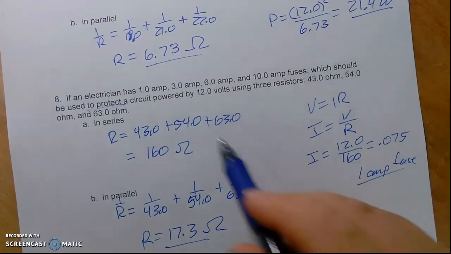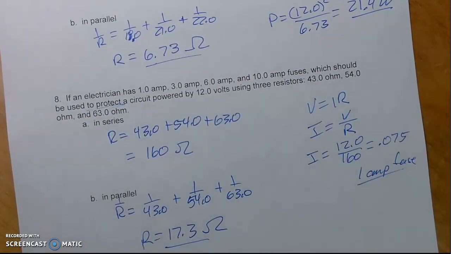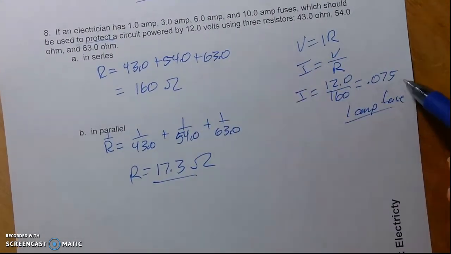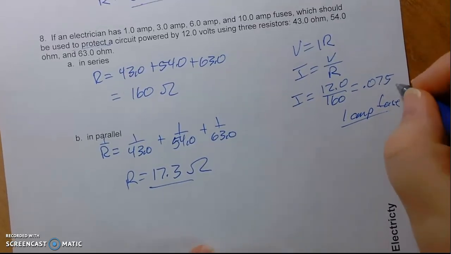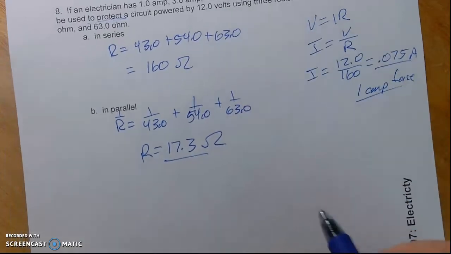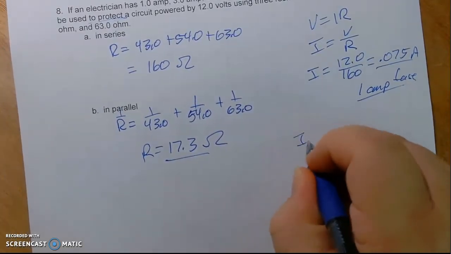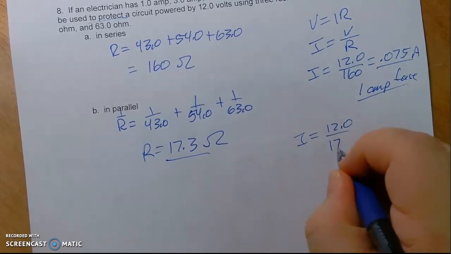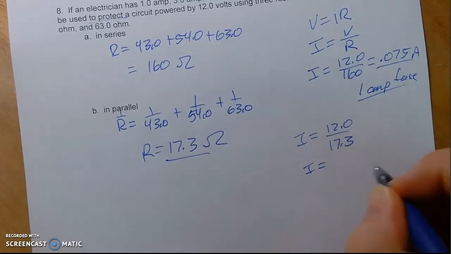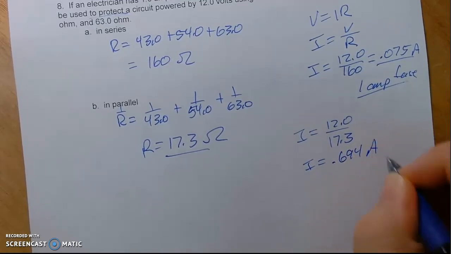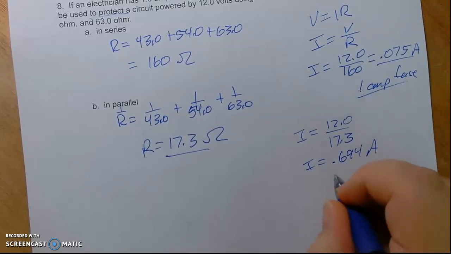It's kind of a weird problem because I'm trying to do series and parallel examples on the same thing, so I'm getting slightly weird numbers, but that's okay. But definitely not a 10 amp fuse for this low a current. For the other one, we use the same equation: I equals the voltage, 12, divided by 17.3, and we get a current of 0.694 amps, which is a better example of a 1 amp fuse.